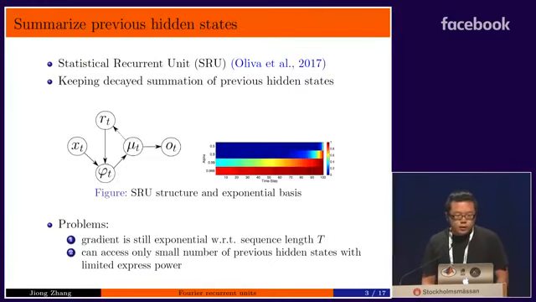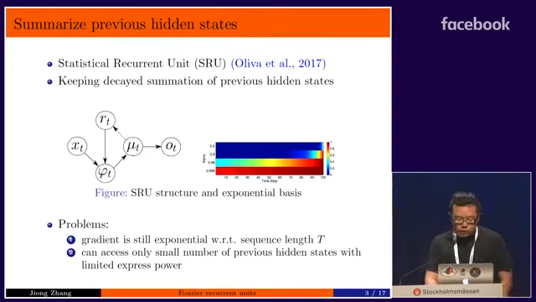In last year's ICML, there's an interesting method called statistical recurrent units that tries to keep a decayed summation of previous hidden states. And it is claimed that the SRUs can alleviate the gradient vanishing problem and have better expressive power.